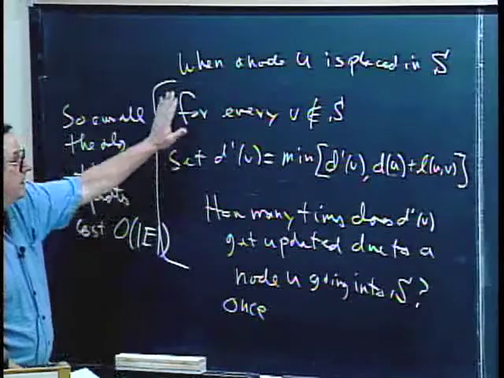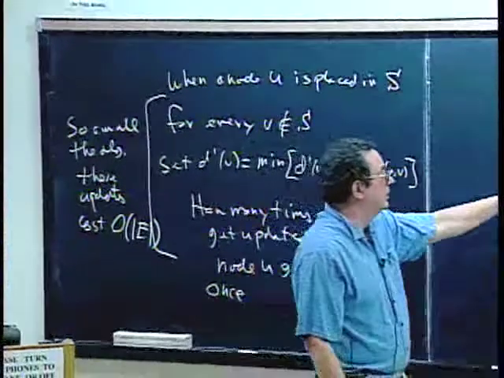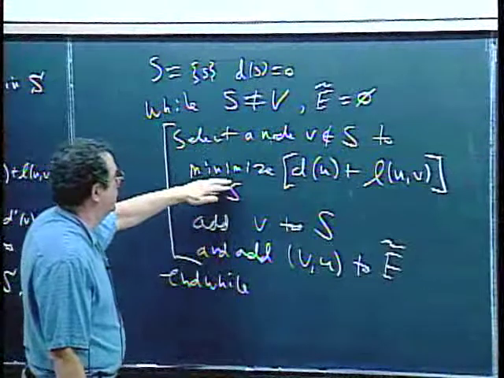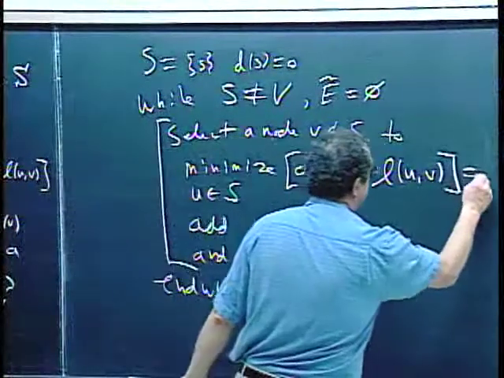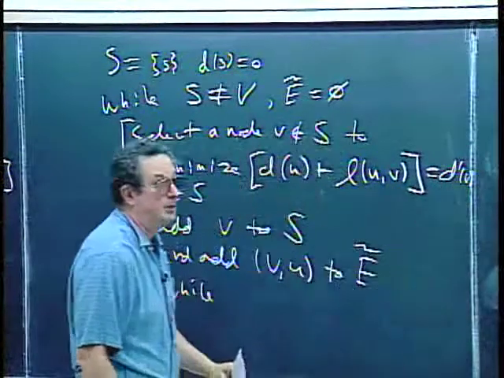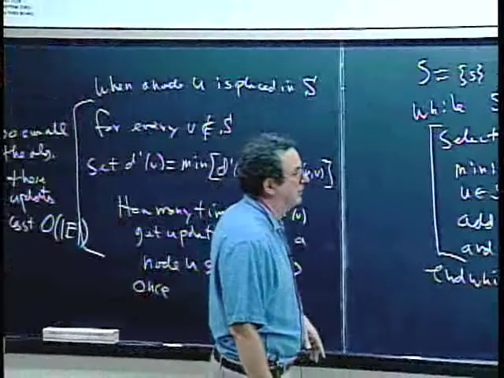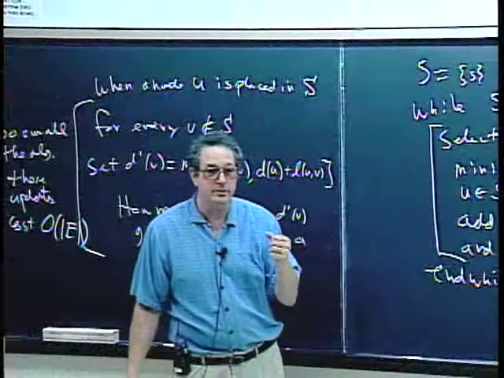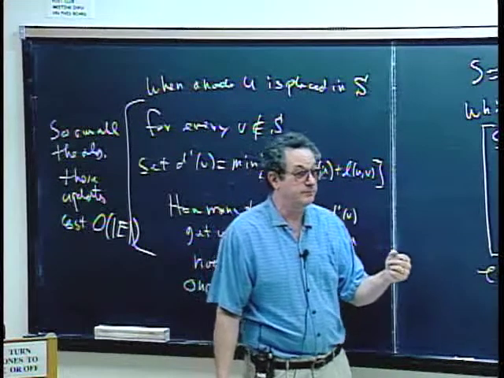Okay? That's that update. Now, we also have to pick, at every step, the node V, and remember this little thing here is equal to d prime V, we have to pick the node V that has the minimum d prime V. We were just talking about updating d prime values. How do we pick the node that has the minimum of all the d prime values?